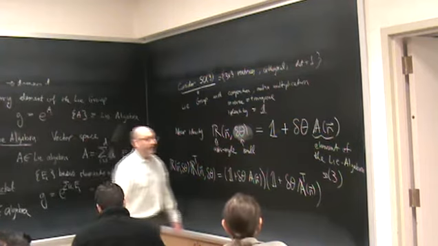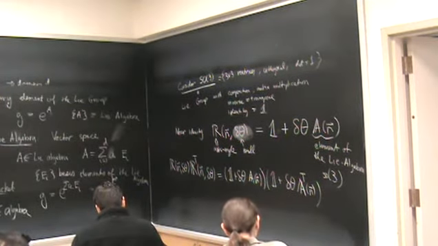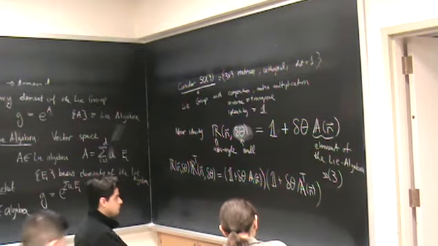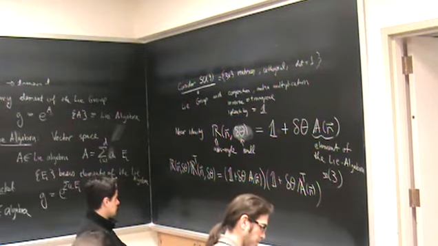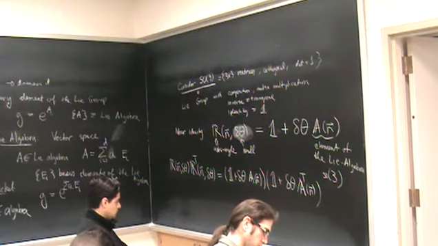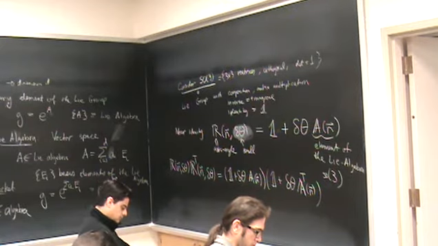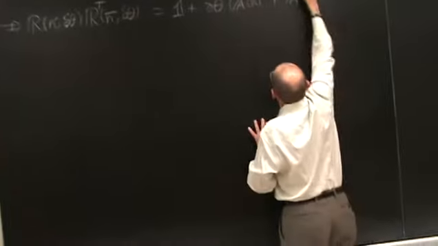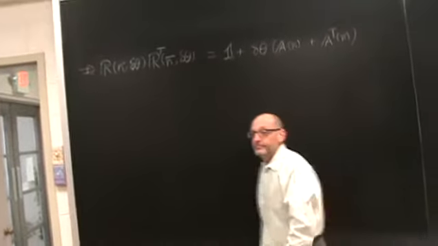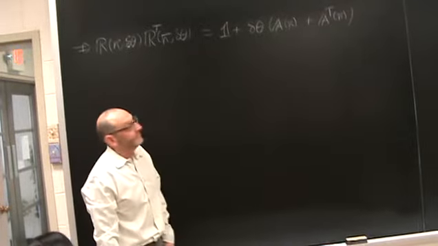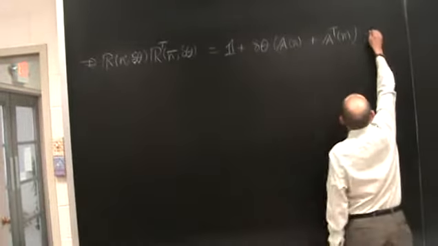Right? And so let's come back over here. So it says that if this is a differential, then I only keep the linear terms, which has got to be equal to the identity.